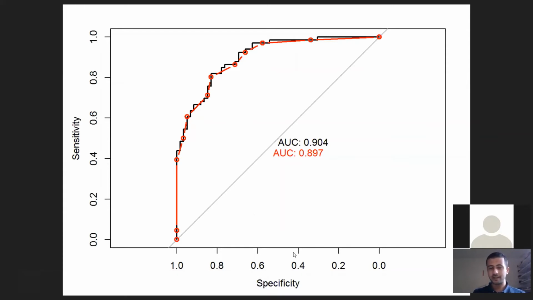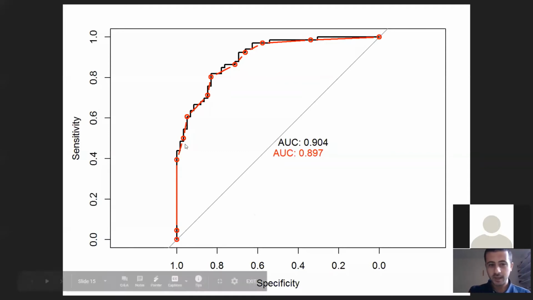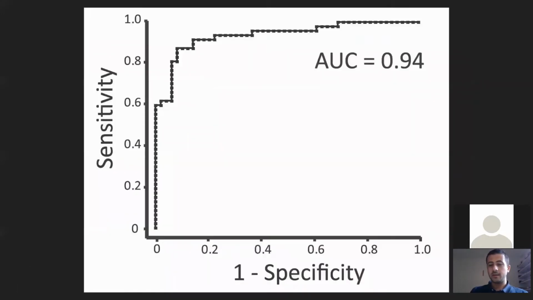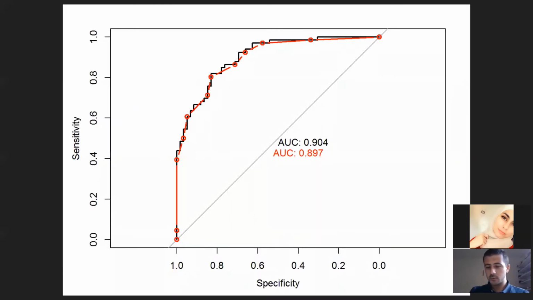Yes, exactly. Usually, when sensitivity goes up here, we need the specificity to go down, like from here to here. But here they just reversed that scale. Why did they do that? What is the benefit?